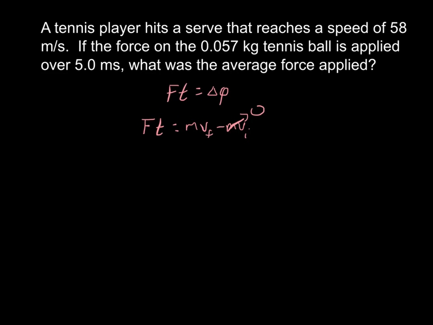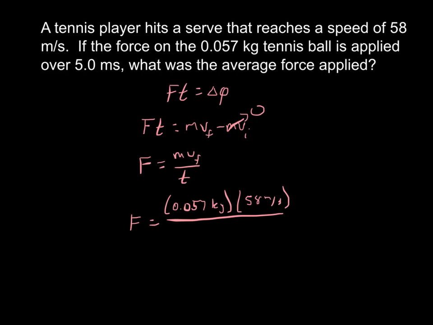We're looking for force. We have our time here. So let's solve this for force. mv final over time. So force is going to equal my mass, 0.057 kilograms, times my velocity, well, it reaches a speed of 58 meters per second, divided by my time of 5 milliseconds.